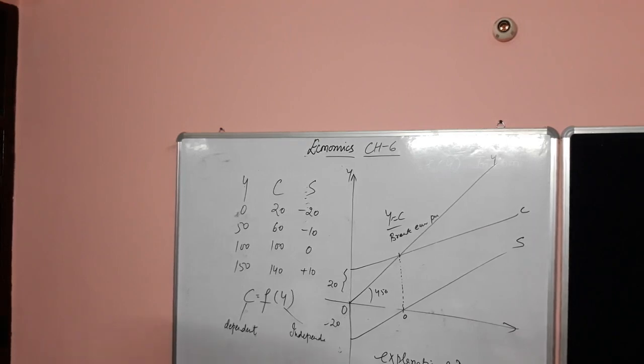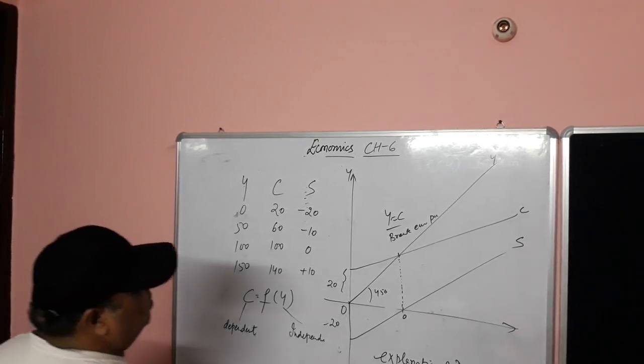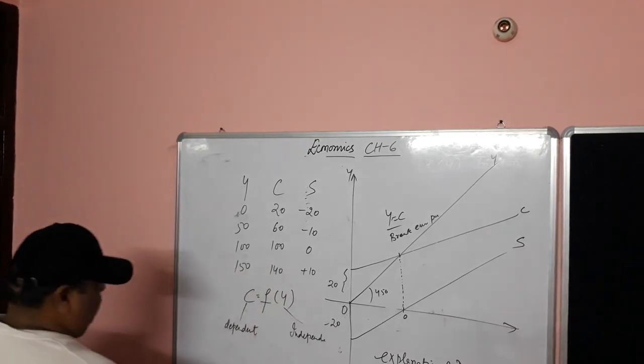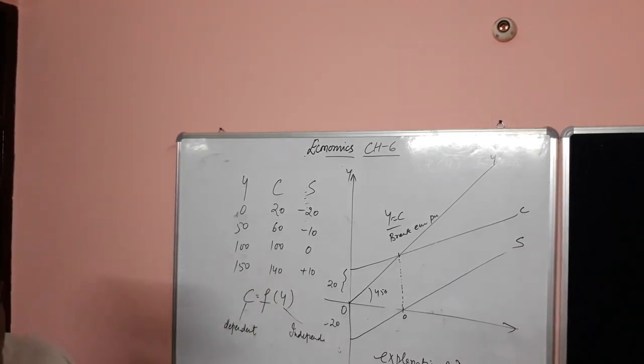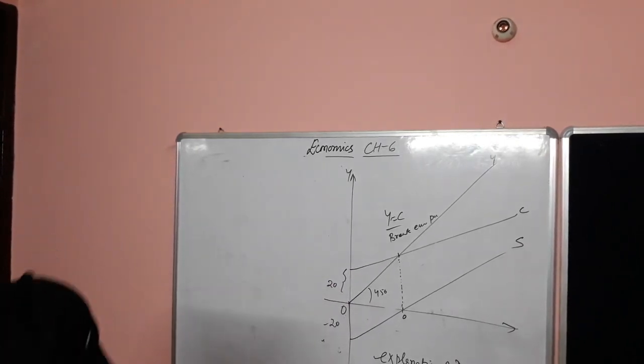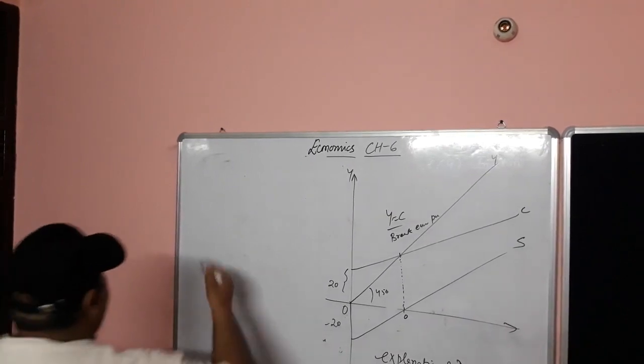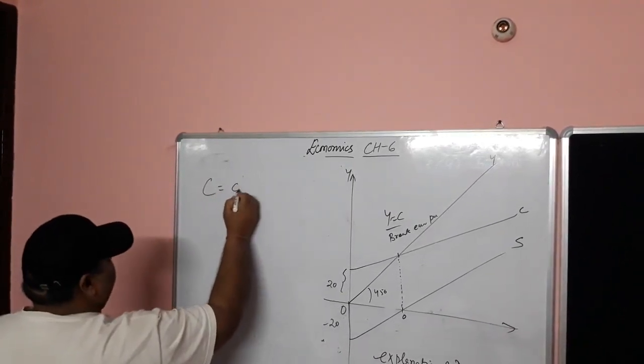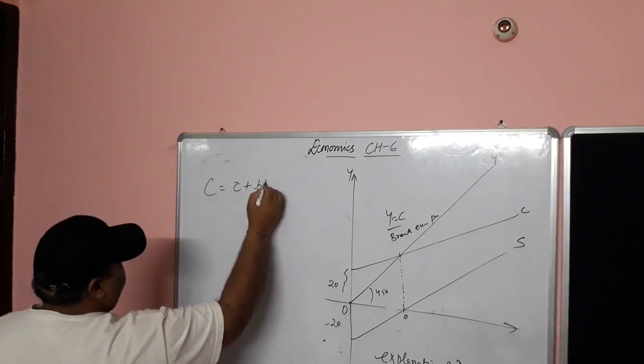After that there is the algebraic form of the consumption curve. How do we define the consumption and saving curves? What is the equation of consumption? The consumption equation is C = C bar + bY.